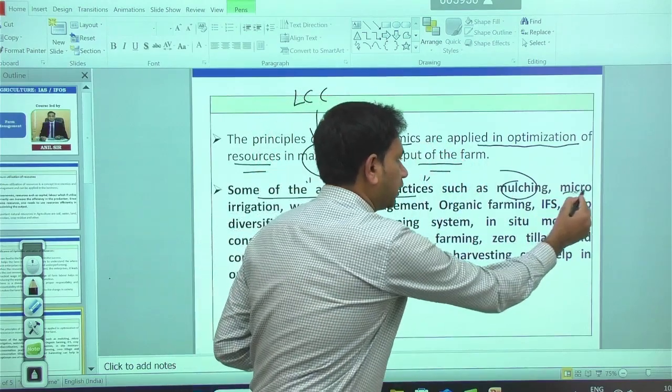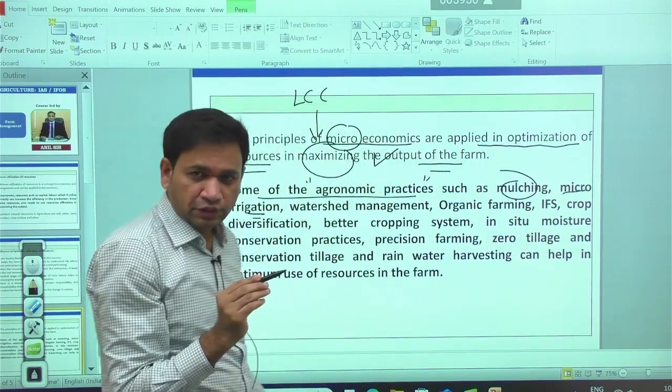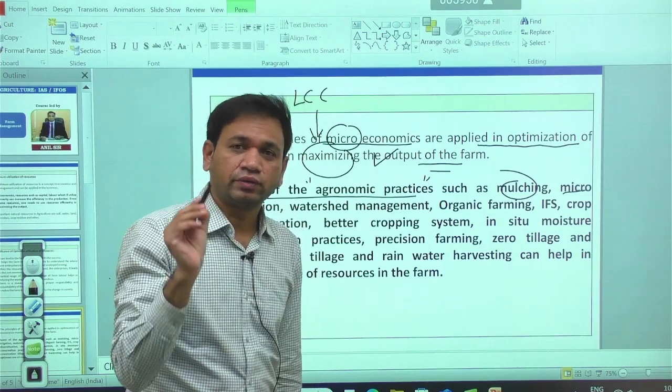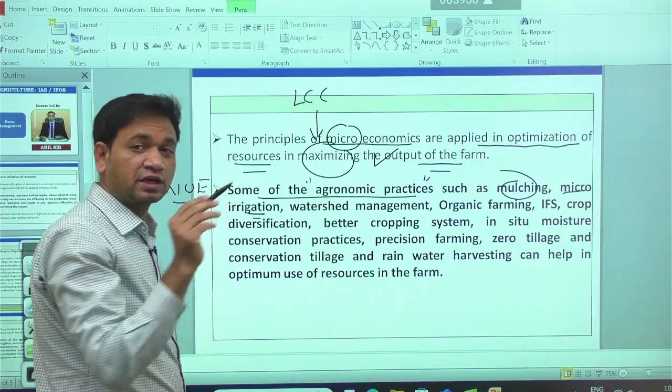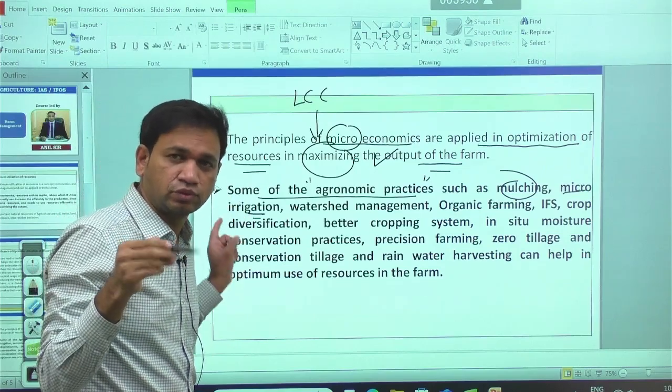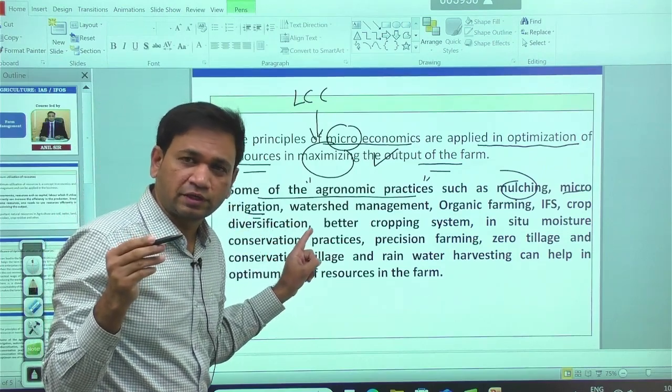Then with the adoption of micro irrigation, more water use efficiency is possible than with the conventional irrigation system. Through that, better use of water is possible.